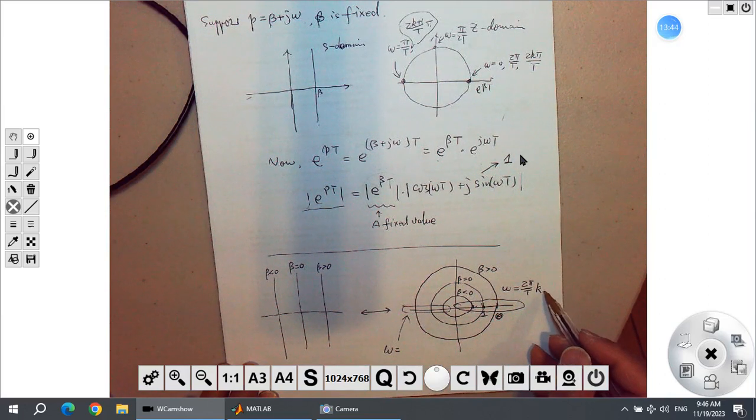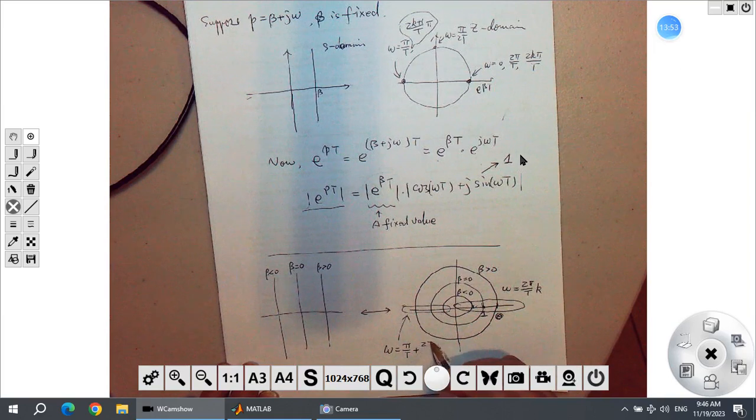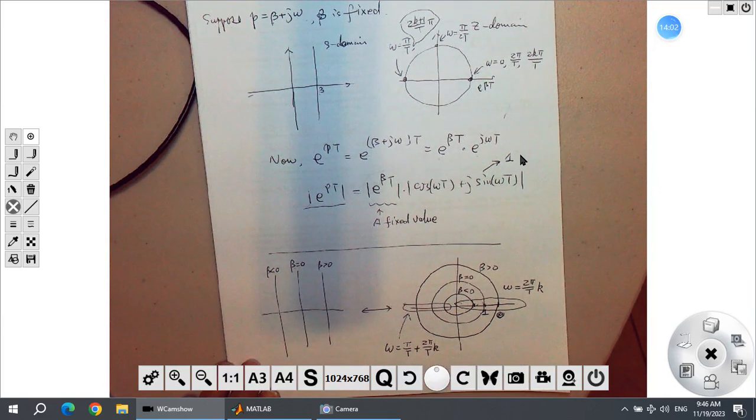Can I write it in terms of k? It's pi over t plus 2 pi over t times k. This is fixed, and this one depends on k. So along this line, it's omega equal to this, no matter what beta is. If beta is 0, it will be this point. If beta is smaller than 0, it's here. Positive is here. All right.